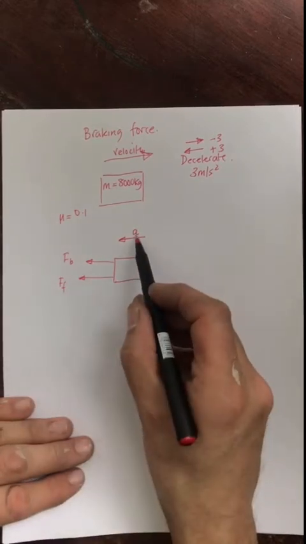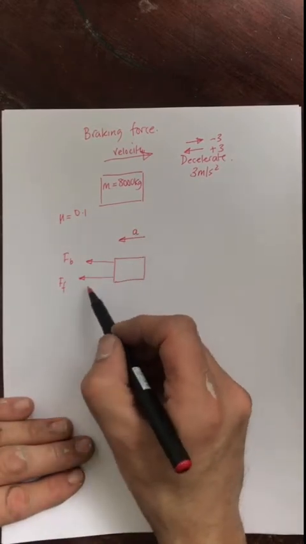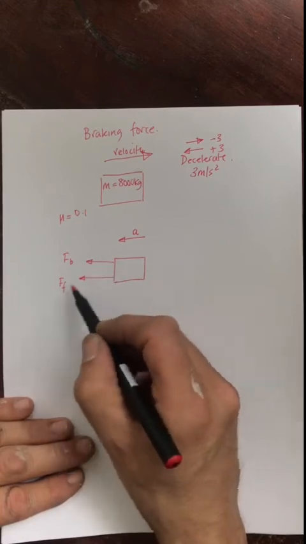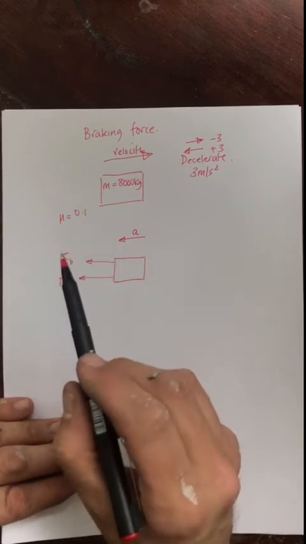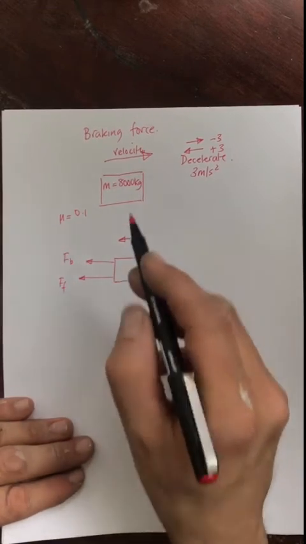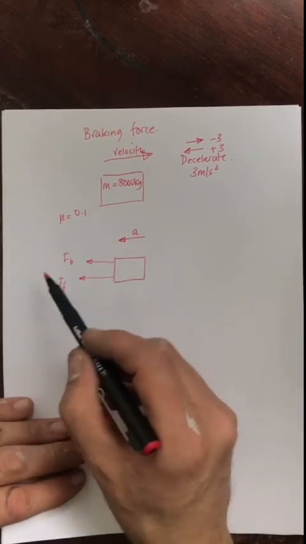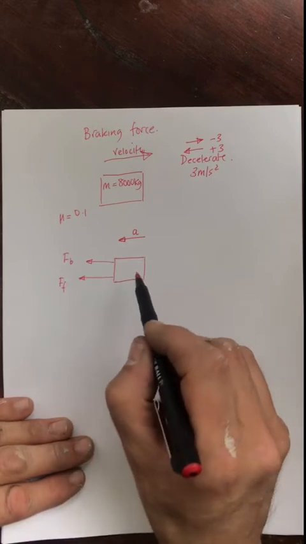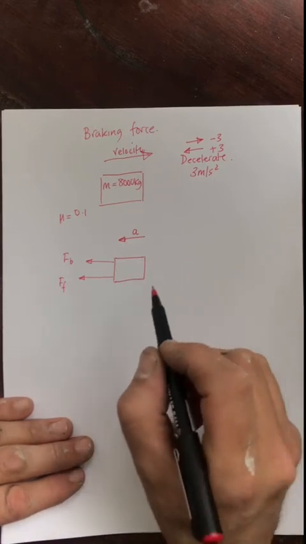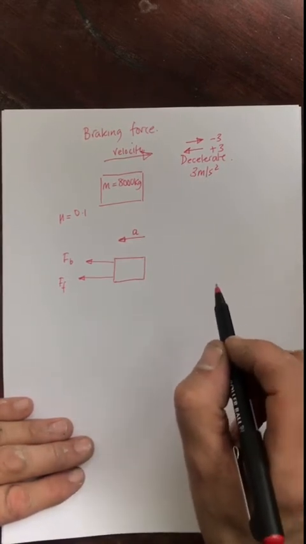Now this acceleration is being caused by these forces, or a combination of these forces somehow, and we know that by Newton's laws any force that's causing an acceleration will cause a reaction in the opposite direction that is equal to the mass times the acceleration.